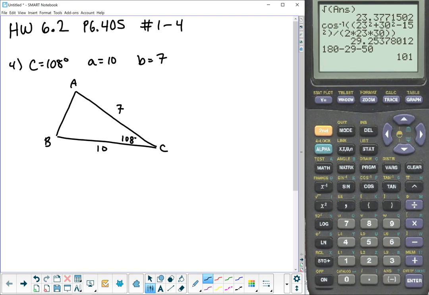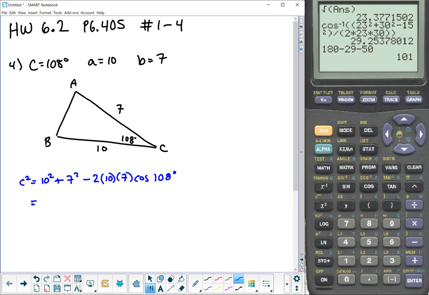Again, I'm going to start with looking for side C because we do need the side first. So C squared equals A, which is 10 squared, plus B, which is 7 squared, minus 2, and then A and B again, so 10, 7 again, and then cosine of angle C, which is 108 degrees.